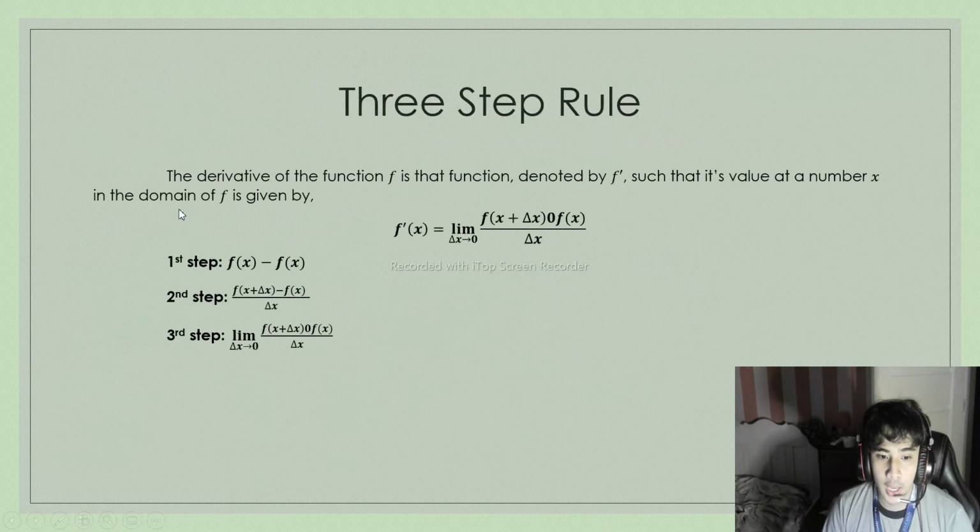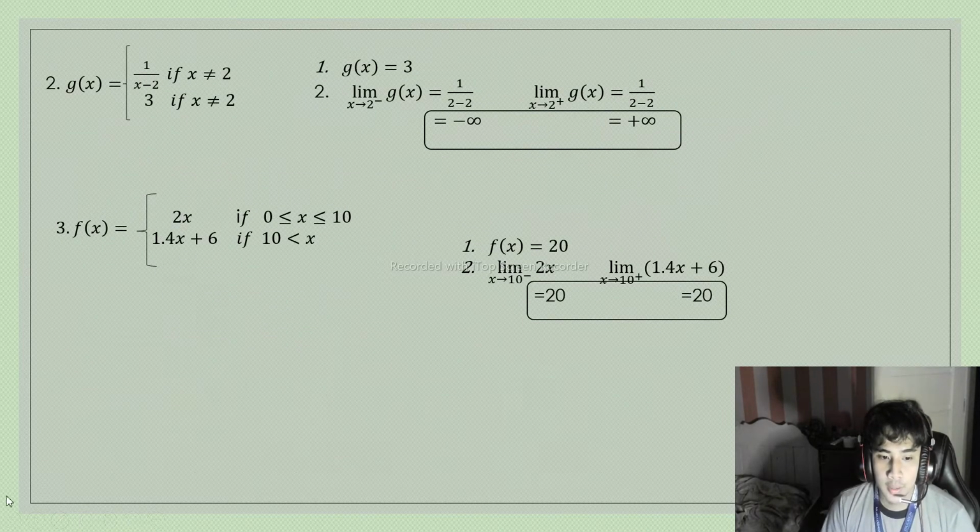Ay, mali. Yung limit of g of x as x approaches 2. Ito yung gagamitin nating function. 1 over 2 minus 2 is equal to 0. That will be negative infinity.